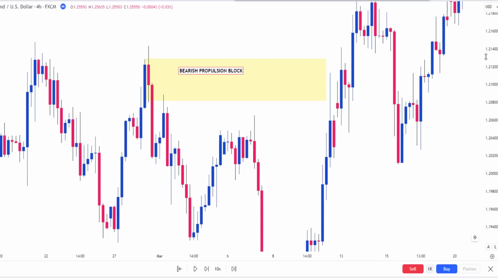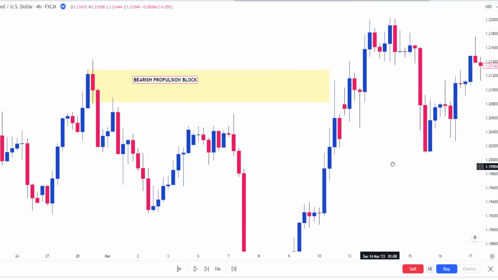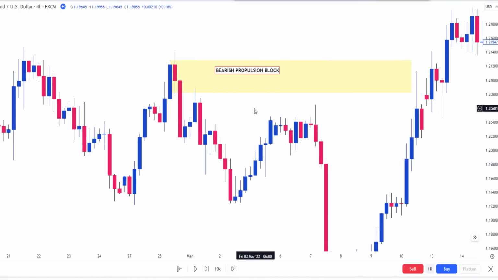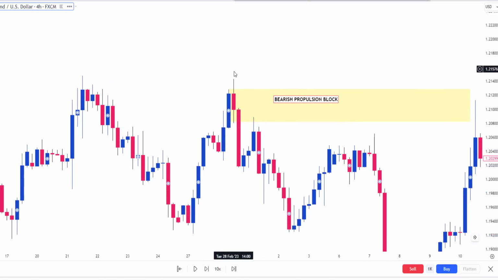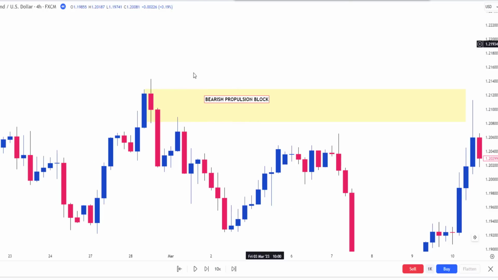So I have another example here, a bearish propulsion block right here. Price came to this level and then moved up to this area, came down, and then had this movement from here. We have another block right here, this particular order block, a bearish order block, this blue candlestick.